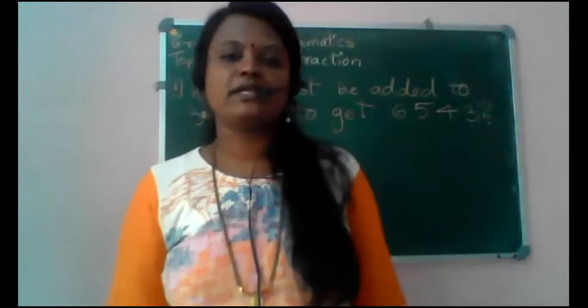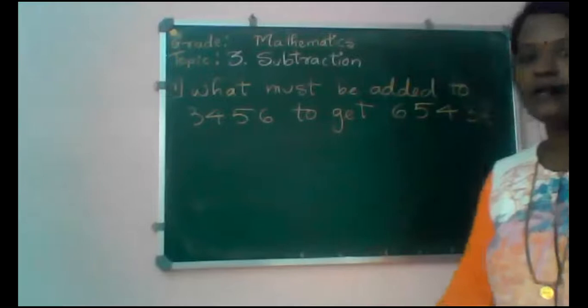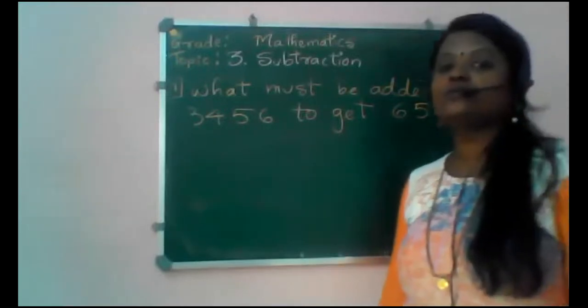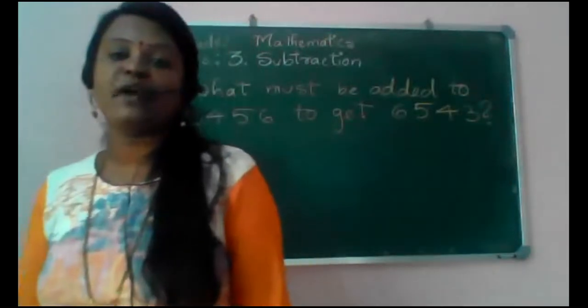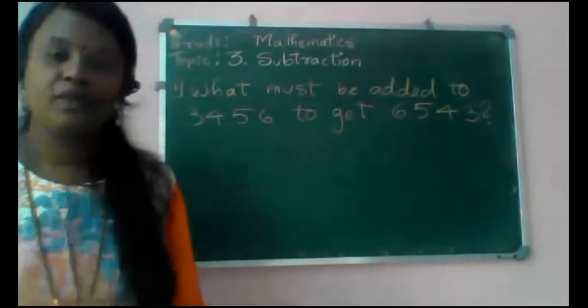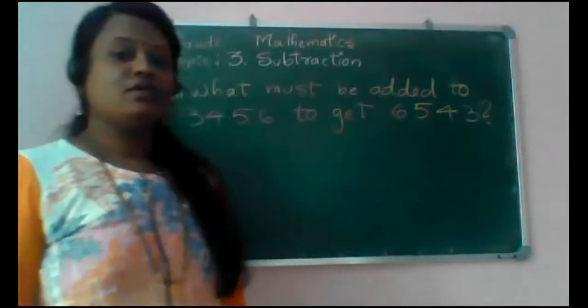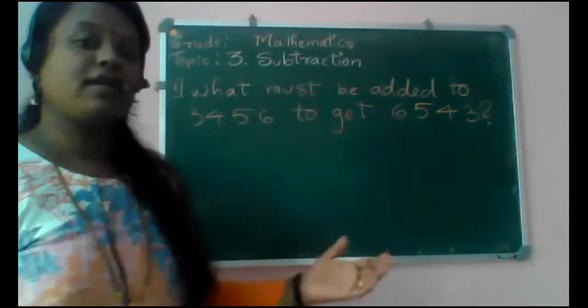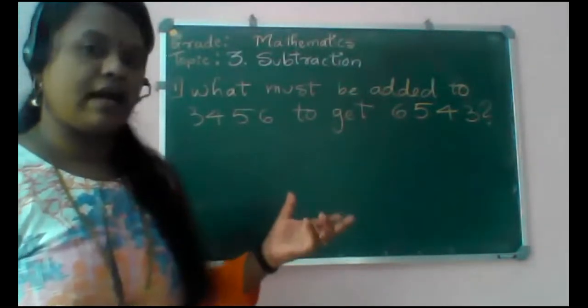So here is a short example wherein we will be solving what must be added to 3456 to get 6543. Please try to always comprehend the question. The question states what must be added. So what is the number that we need to add?